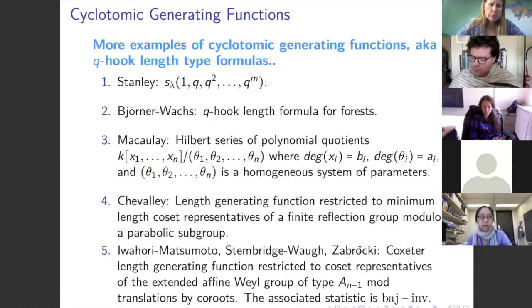The last one's a little more obscure, but in work of Iwahori and Matsumoto, later reproved by Stembridge, there's another length generating function that comes up in Coxeter group theory. Mike Zabrocki put a name on it, but it has the same rational product structure. And that one we've already completely analyzed too.